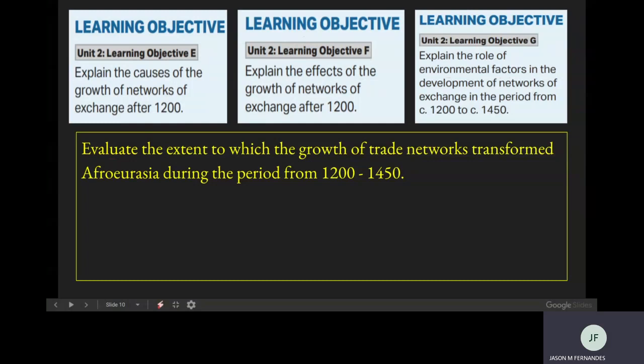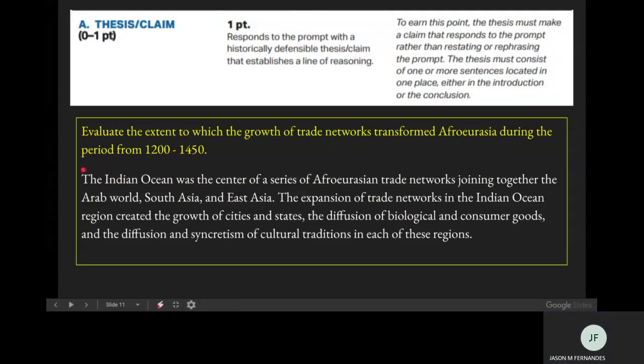Okay? So we'll need some evidence, right? How did the growth of these trade networks transform Afro-Eurasia? So my thesis for this, I'm using the DBQ rubric here. The Indian Ocean was the center of a series of Afro-Eurasian trade networks joining together the Arab world, South Asia, and East Asia. Okay?